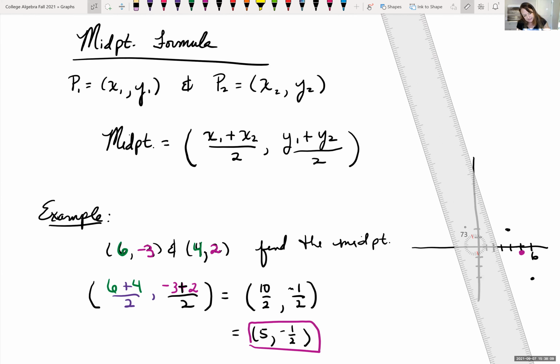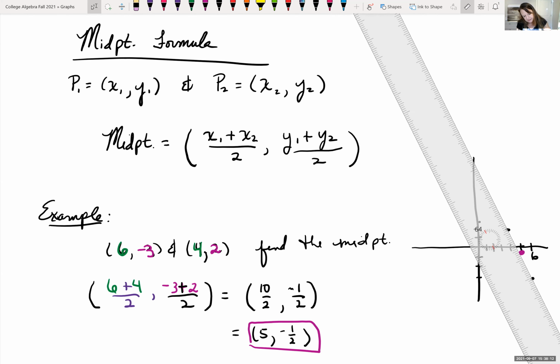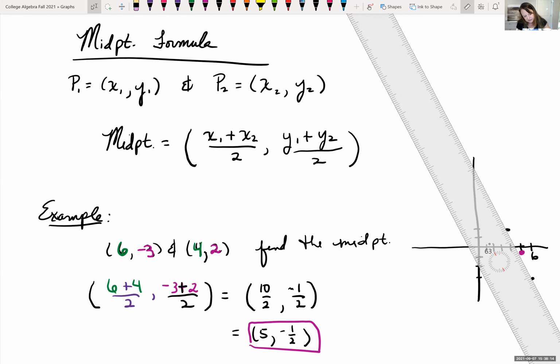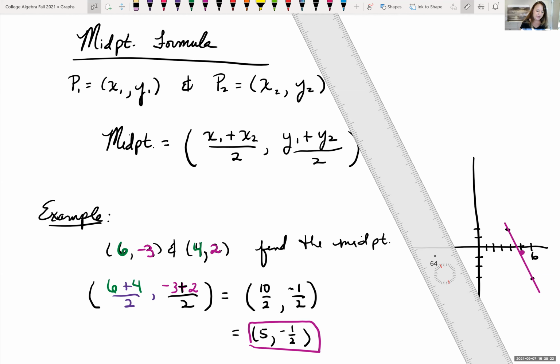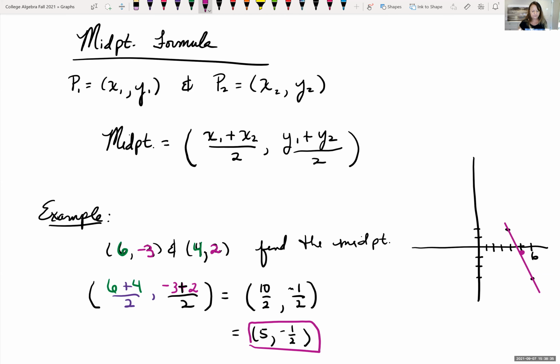So if we look at this, and I'm not to scale, but if I look at this point right here, it is the halfway mark. And just looking at it, it looks like it, it's halfway in between. Okay, so that is 2.1 in your book.